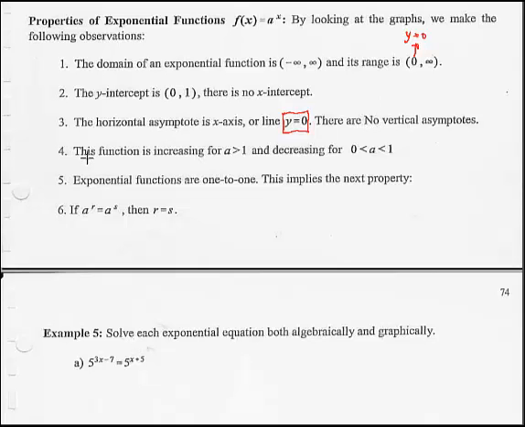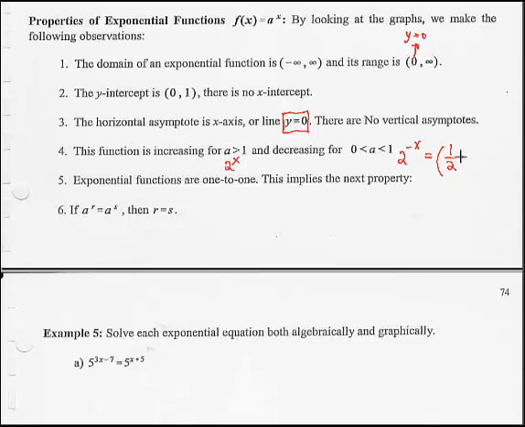4. The function is increasing if a is greater than 1. So you need to think 2 to the x. And then decreasing for a between 0 and 1. And one such function was 2 to the negative x. But here a is not 2. Okay, you need to rearrange this function in the form of a positive x.